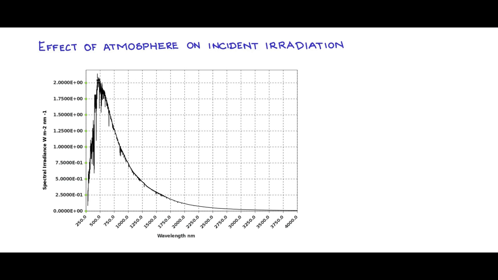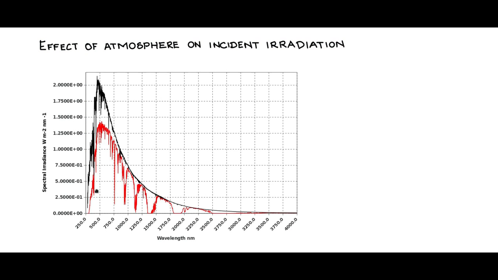We expect that this spectral irradiance will go through a process of attenuation. The atmosphere will act as an attenuating filter, and you will see a vastly reduced spectral irradiance pattern after having gone through the atmosphere, and that is what we would like to see and study.